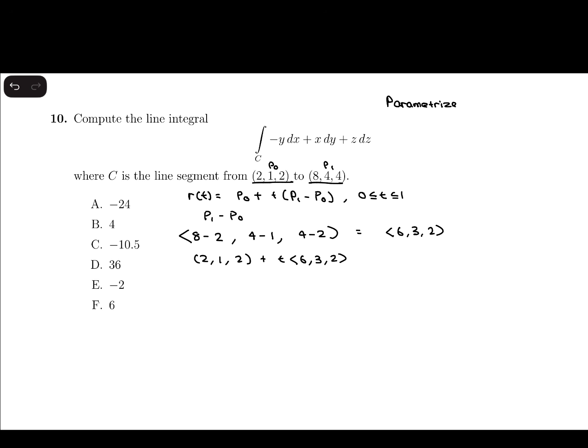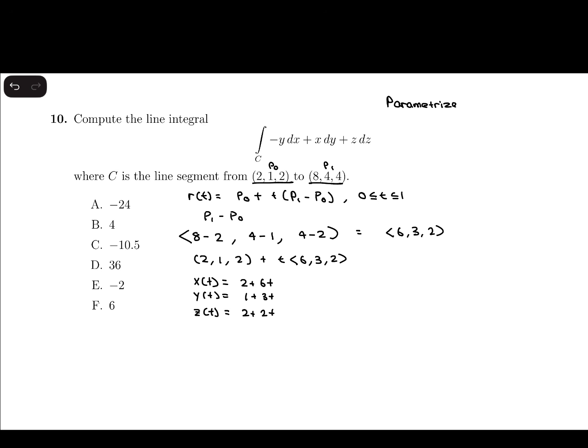Incredible. So how am I going to pull this out? Well, x of t is equal to 2 plus 6t. y of t is equal to 1 plus 3t. And z of t is equal to 2 plus 2t.